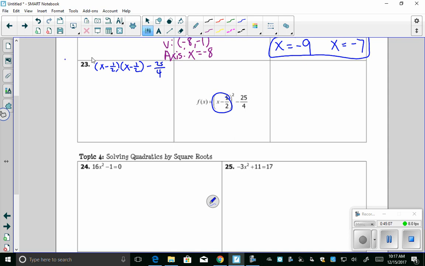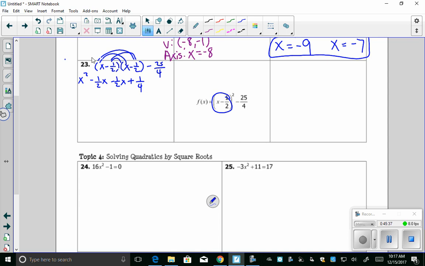We've talked about the full method before. X times x is x squared. X times a negative 1/2 is negative 1/2 x. Negative 1/2 times x is negative 1/2 x. And negative 1/2 times negative 1/2 is a positive 1/4.